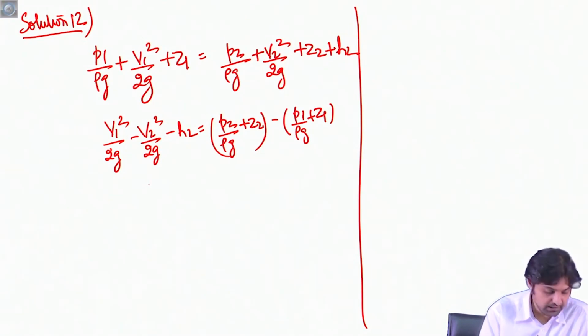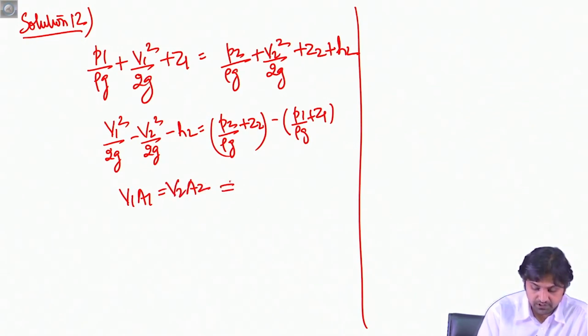So to find the relation between V1 and V2, we can say V1 A1 is equal to V2 A2. All right, which will give us, so areas are double, so we are going to get V1 is equal to 4 V2.